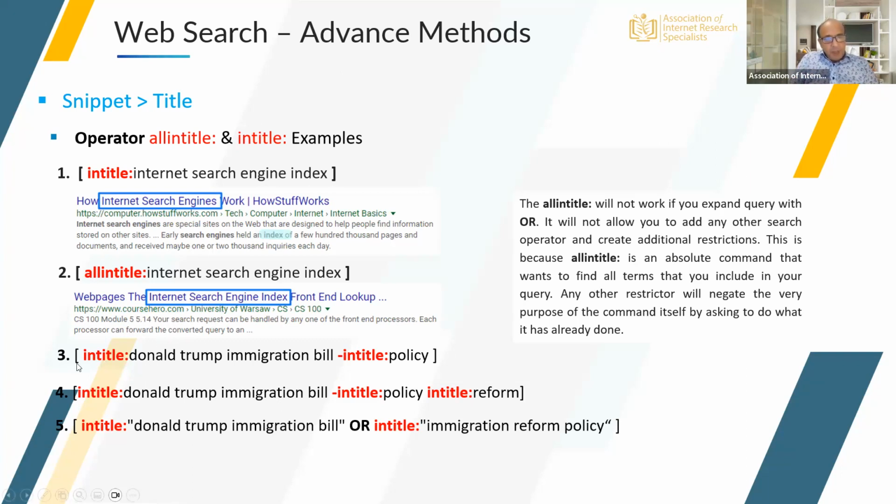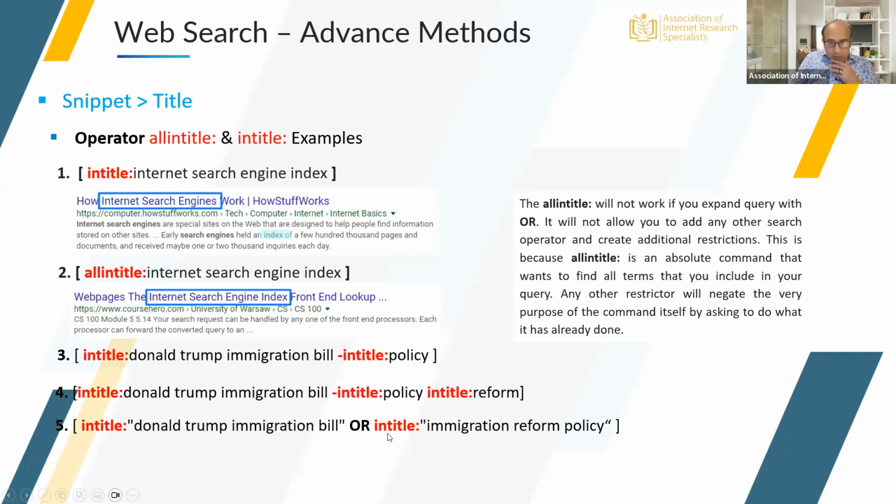In the in title instance where we have used a minus in title, as you could see, we've dealt with this before. The word policy would be excluded from the title statement. Okay, that's why. Then we've got number 4 that says minus in title reform. Okay, so nothing spectacular about 4.